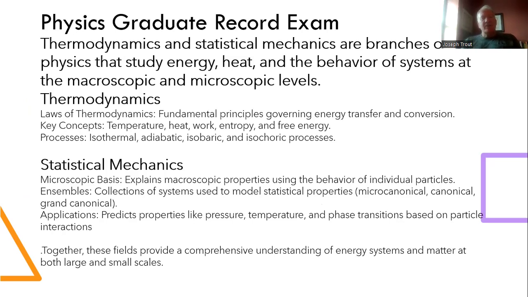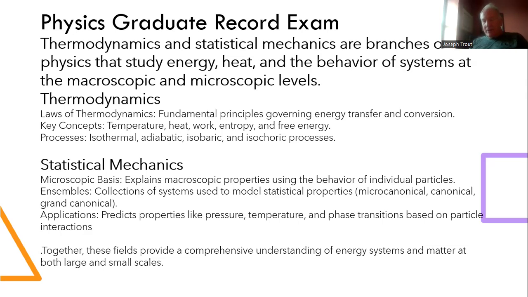We also talk about thermodynamics and statistical mechanics. These are branches of physics that study energy, heat, and the behavior of systems at a macroscopic and microscopic level. So thermodynamics, these are the laws of thermodynamics, the fundamental principles governing energy transfer and conversion.